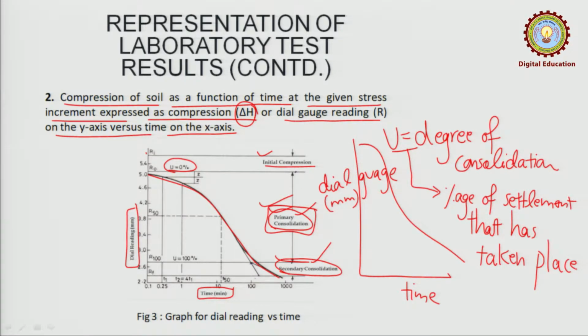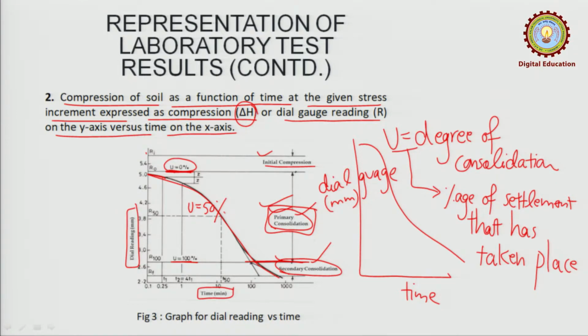So, in this case, when this is the initial point, then obviously u will be 0. And here you can see u is 100%, meaning the primary consolidation is over, it is done. This much is the primary consolidation only. In between it will vary. In between, this is just 50%, u is equal to 50% is here.